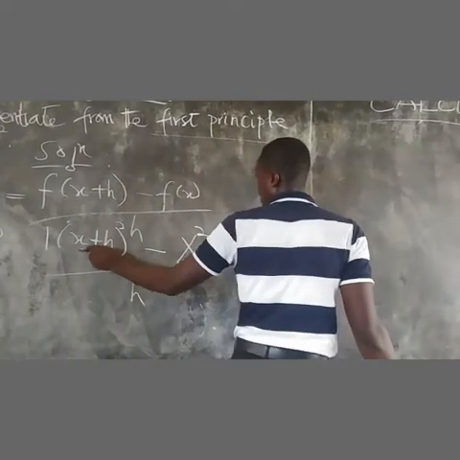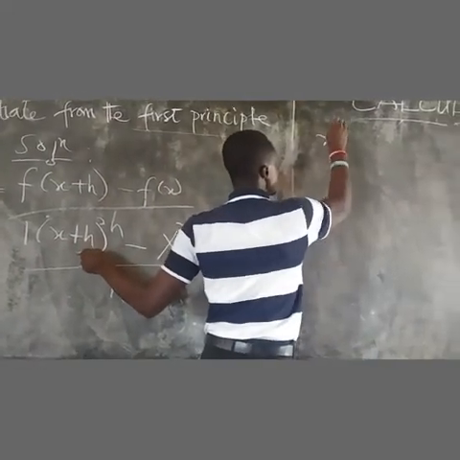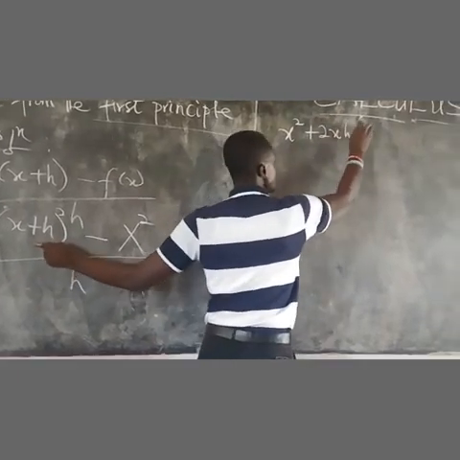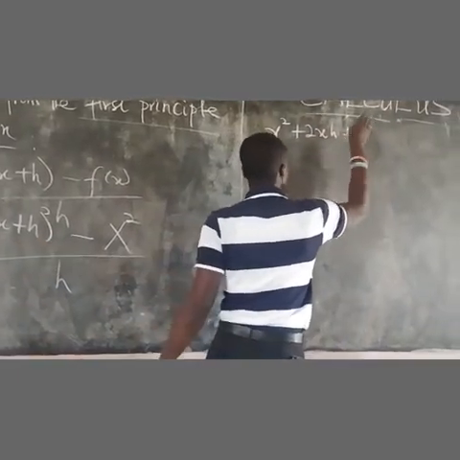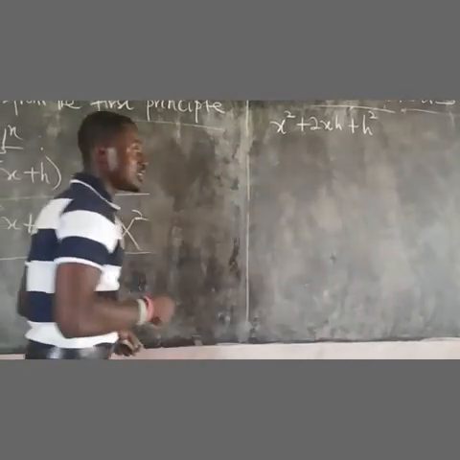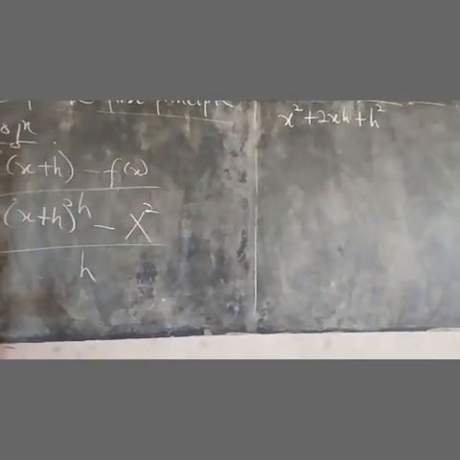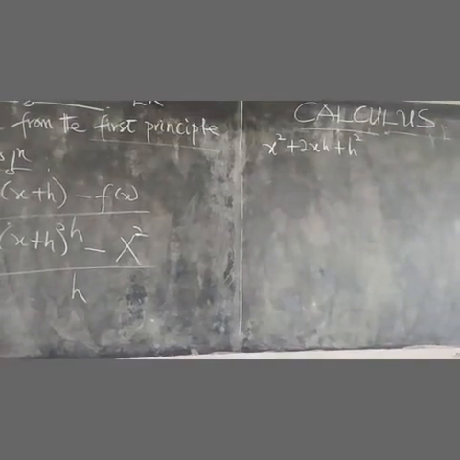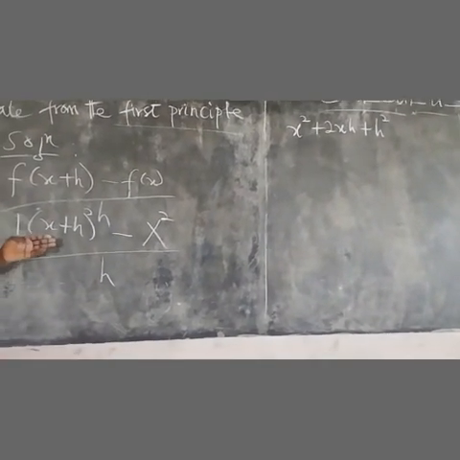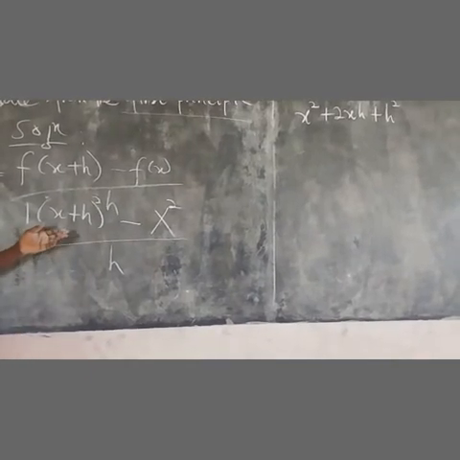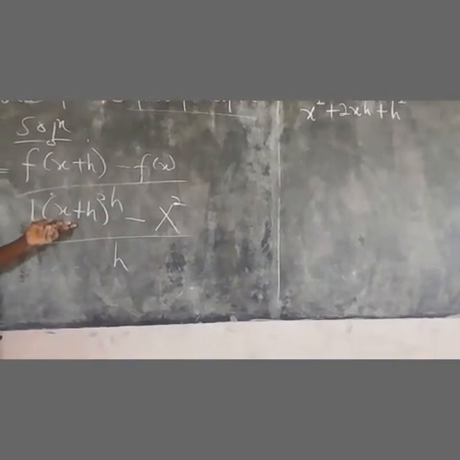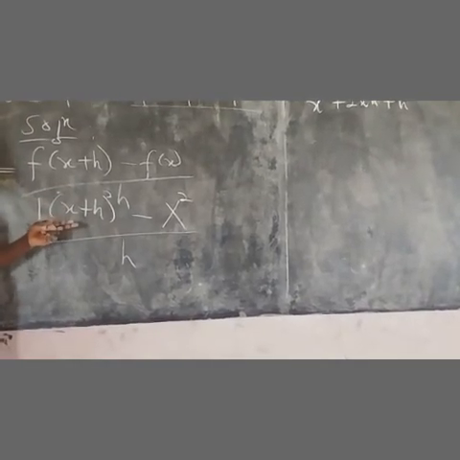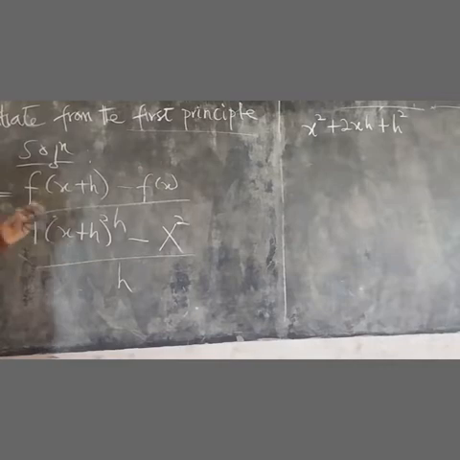Let's expand this. If you expand this, you get x squared plus 2xh plus h squared. As an elective math student, or someone who has studied elective math from Form 1, Form 2, up to your final year, it is expected that expanding this binomial term is not new to you. So we don't want to waste time explaining this expansion.